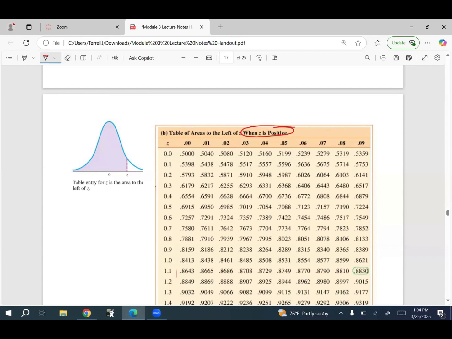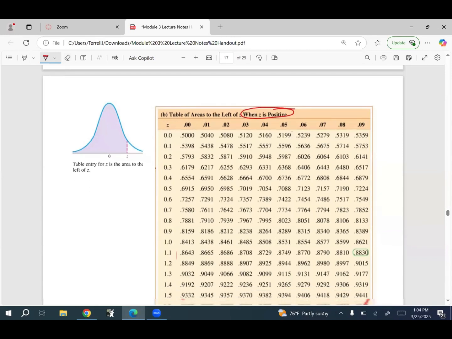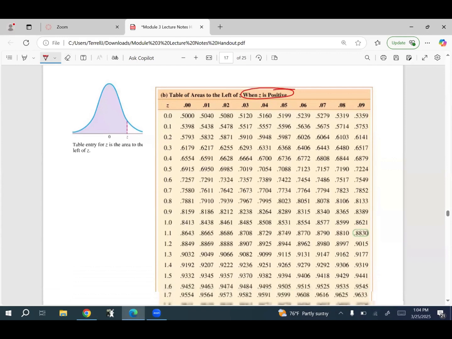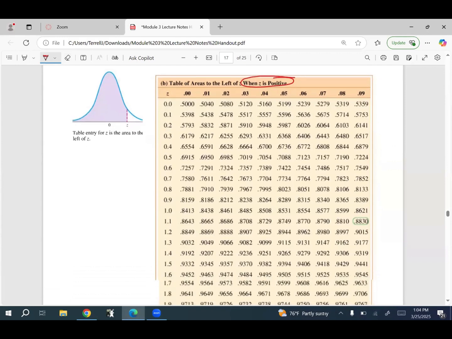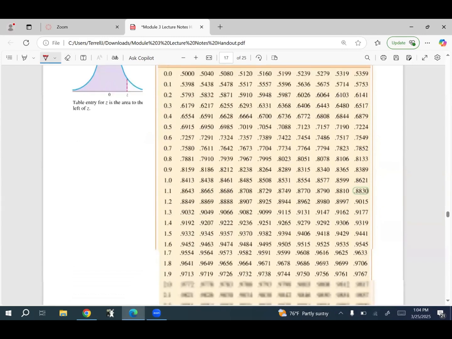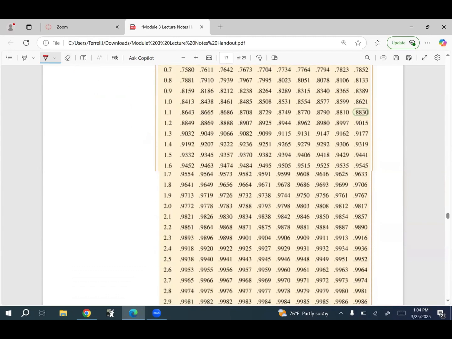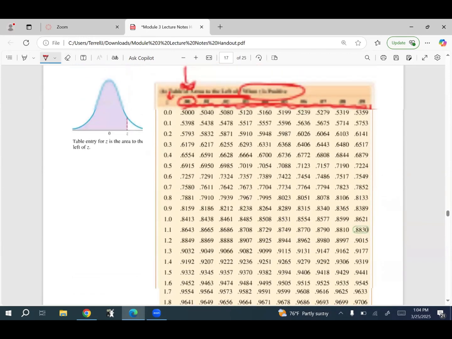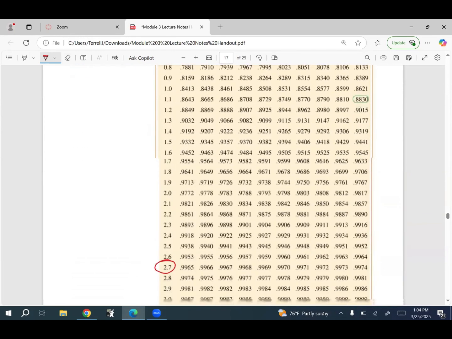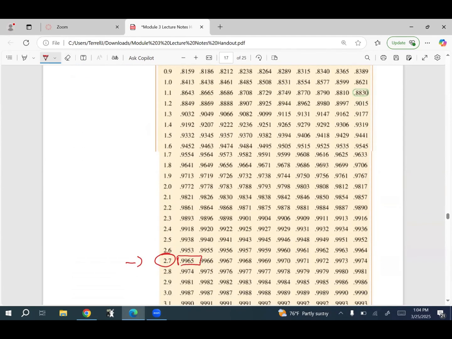If my z-score is 2.7, at the z column we're going to go to 2.7 and the 0.00 column as well. So that matches up right here. This would be 0.9965.